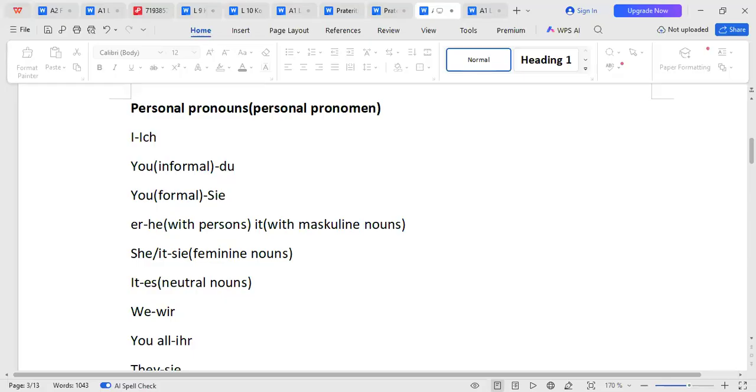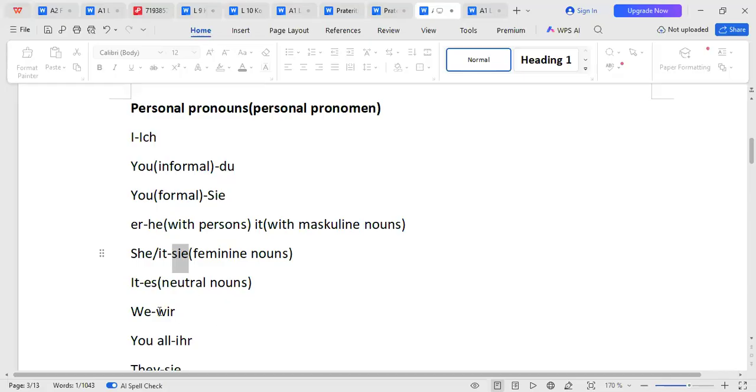We have the ich, we have the du, we have the er, and er is he. He is cooking, he is coming, er kommt, and so on. We have she, which is sie, with a small s, for feminine nouns. Then we have the it, which is es, for neuter nouns.